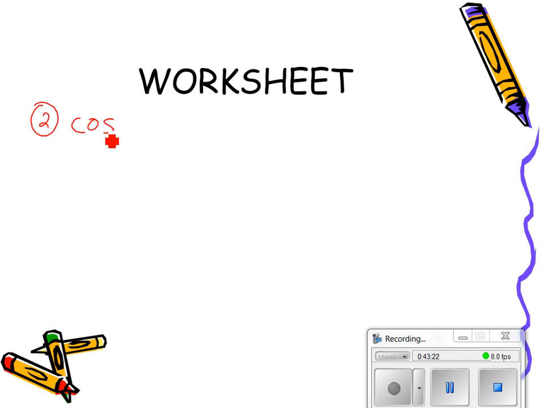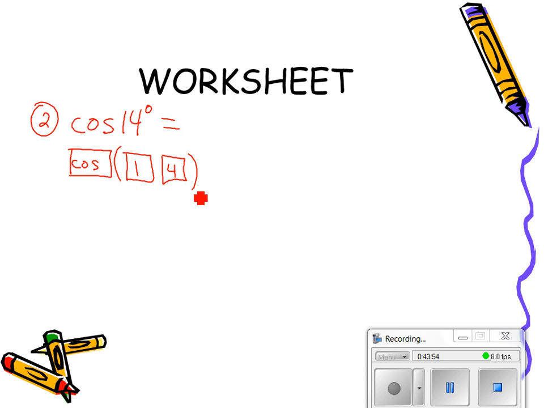Number 2, cosine 14 degrees. All you do for cosine of 14 degrees is on your calculator, you just hit the COS button, hit 1, 4, and you probably don't have to close the parenthesis. Most of the newer calculators pull up a parenthesis right here.